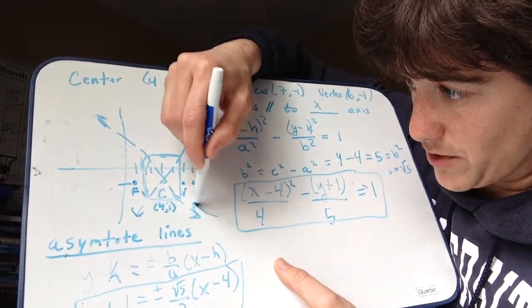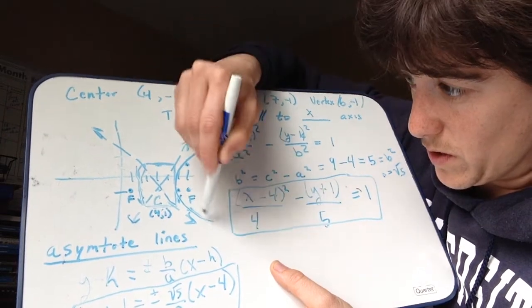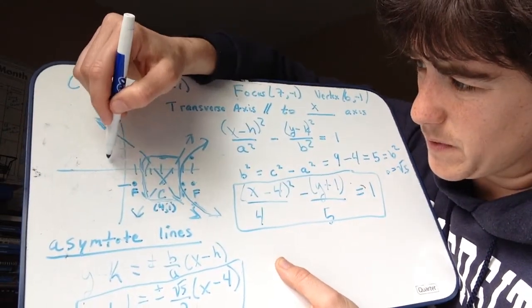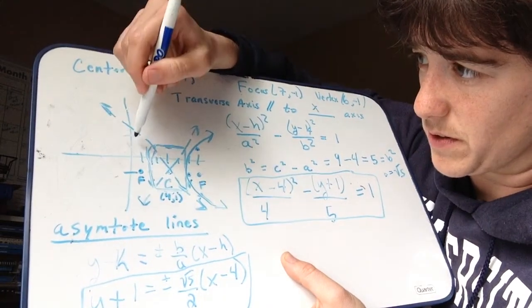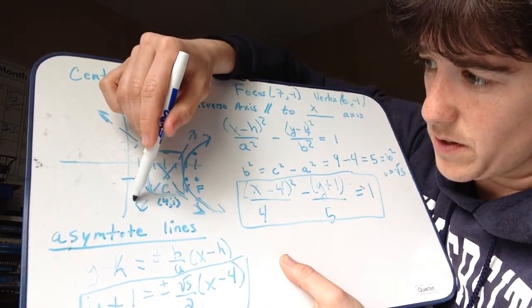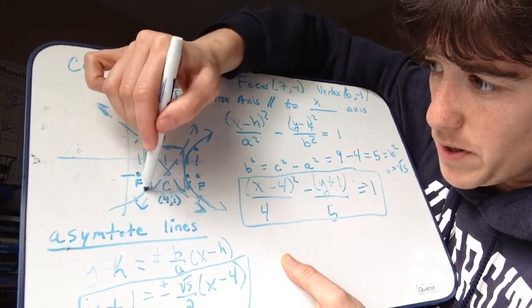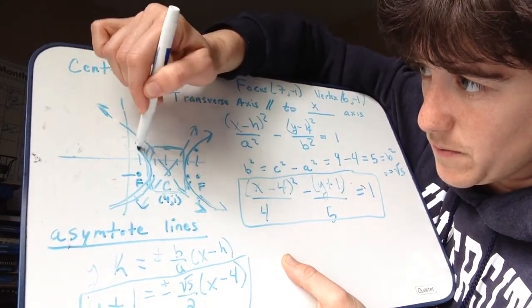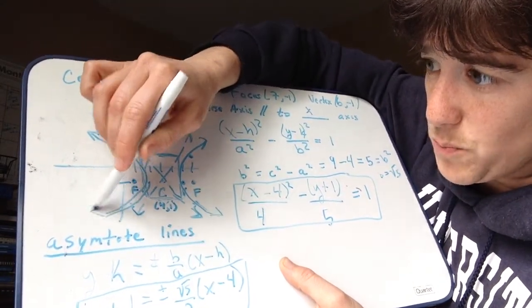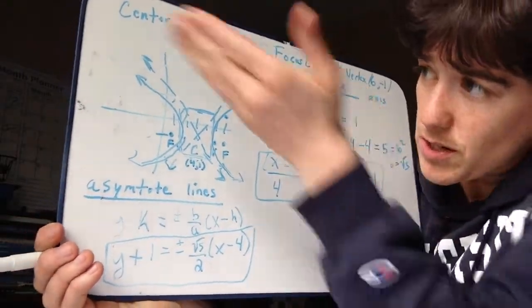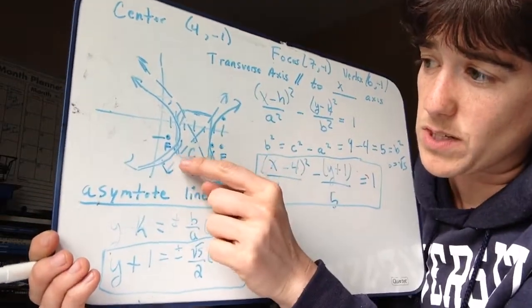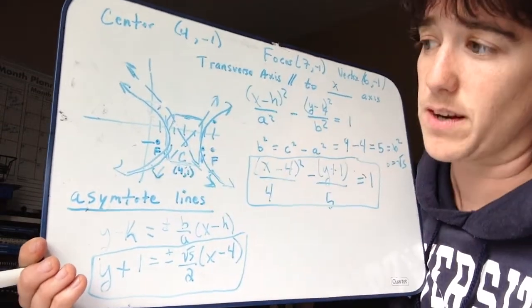And then my branches are going to come through. Just going to mirror this over here. Whoops, that's not mirroring very well. Mirror it over here, okay? And show my branches. Okay, but those branches are never going to touch my asymptotes. So I can draw in those asymptotes using the little box I've created there.